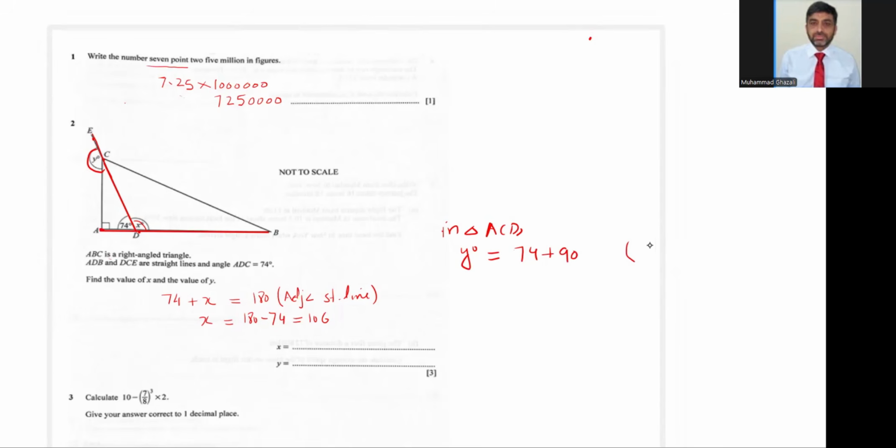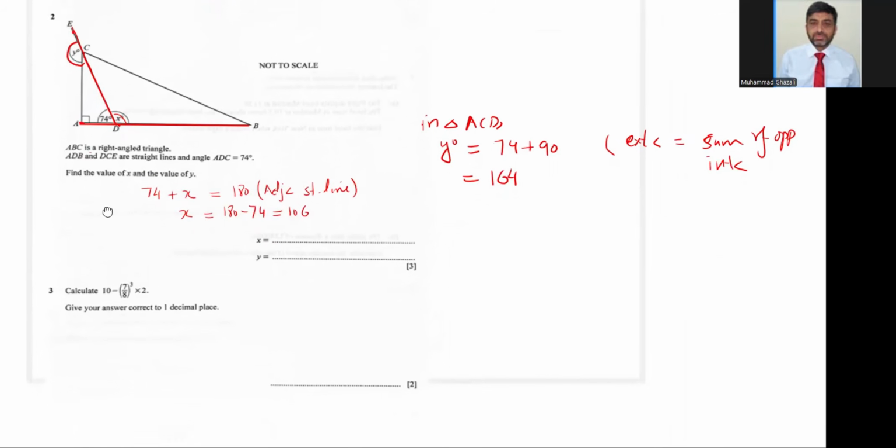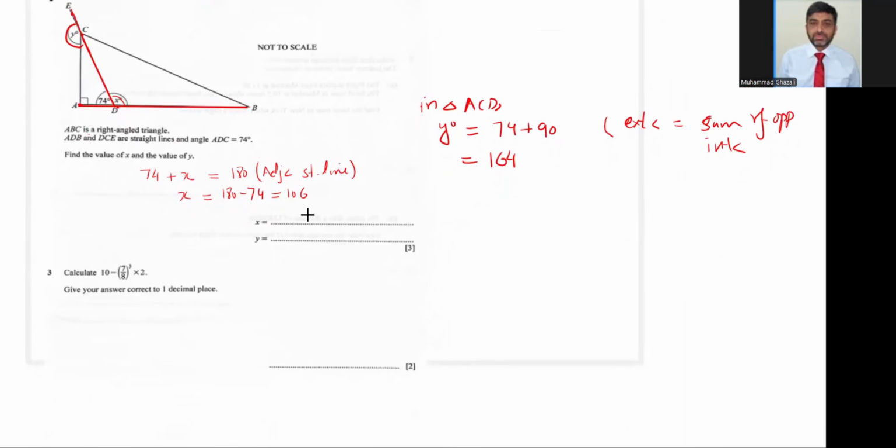This is the property of triangles. We write exterior angle equals sum of opposite interior angles. Therefore, this value will be equal to 164, and the y degree angle will be 164. We write here x is 106, y is 164.